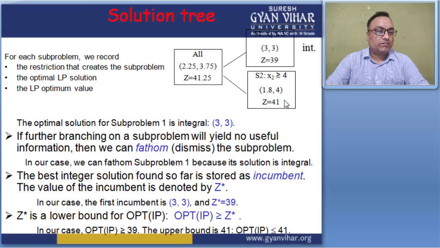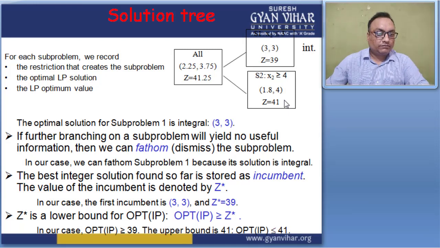The best integer solution found so far is stored as the incumbent, and its value is denoted by z star. The first incumbent is 3, 3, with z star equal to 39, and z star is a lower bound for the optimal case.